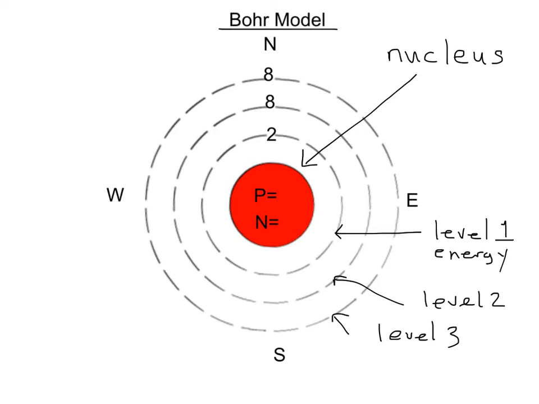Now, the difference between these levels, again, is just how much energy the electron has. If you think about it, protons, whether you realize it or not, have a positive charge, and electrons have a negative charge. And this is what holds your atom together. They're attracted to each other. Your electrons, if they have more energy, can make their way further from the nucleus than they can if they have low energy.